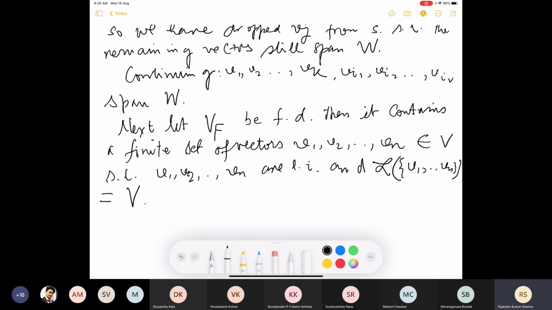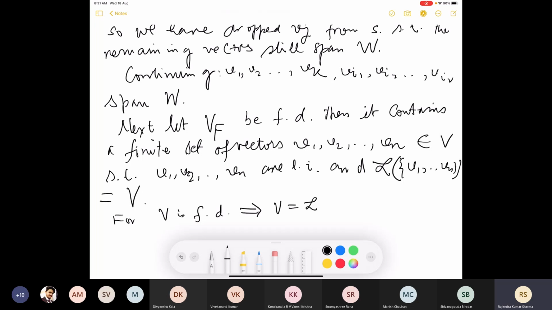So you can recall that V is finite dimensional. That means V is a linear span of a finite number of vectors.